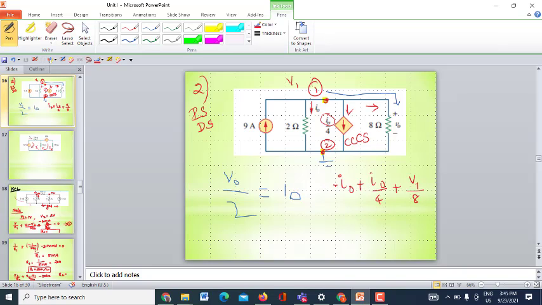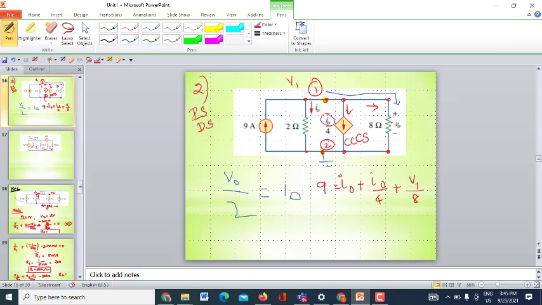Incoming is negative, but when you bring it to the left hand side it is 9 amps. Now what is your I0? How will you write I0? It is the current flowing through your 2 ohm resistor. I0 is nothing but V0 divided by 2, the same potential, because all are connected to the same nodes.